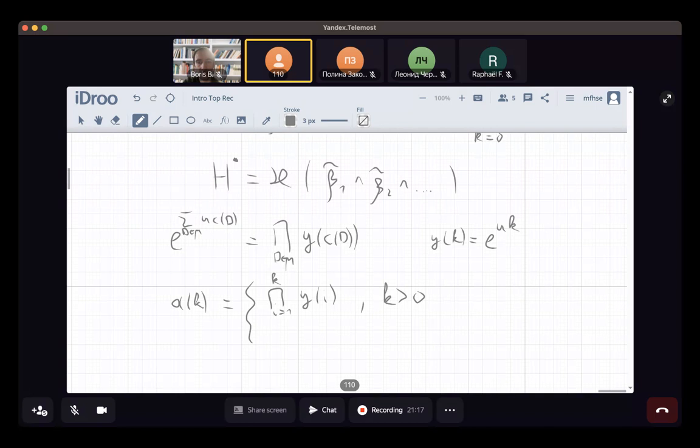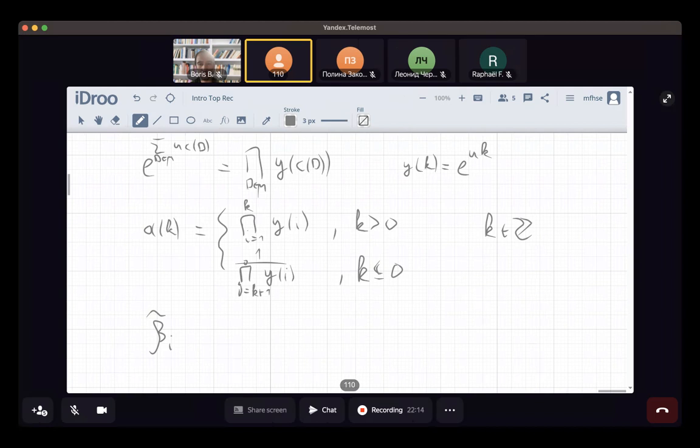And now the claim is that our beta i tilde, which we want for our KP purposes, should be equal to 1 over A of minus i times the sum from k equals 0 to infinity of A of k minus i, z to the power k minus i over k factorial.